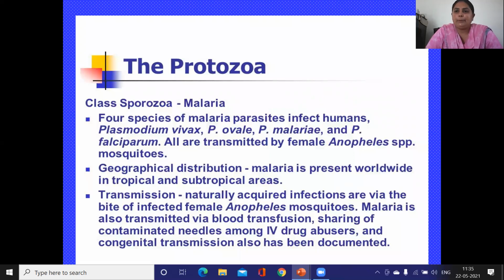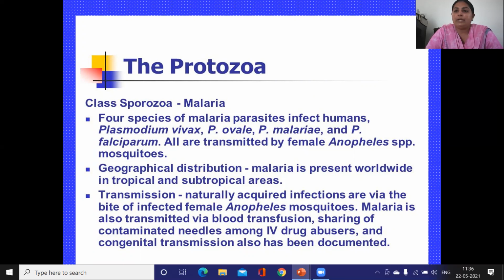The last type of protozoa are known as the sporozoans or sporozoa. And the common example of these sporozoa is the malarial parasite Plasmodium. I want to add to your knowledge that 4 species of malarial parasite generally infect human beings.